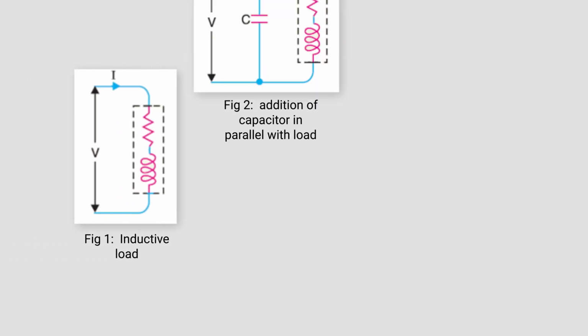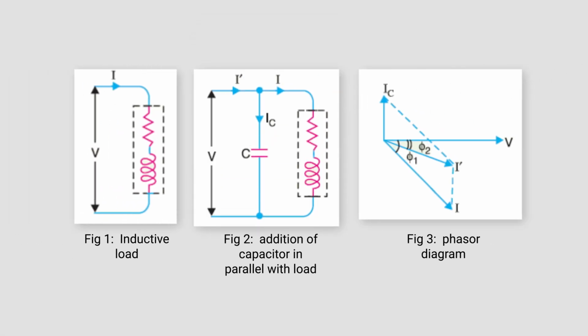Here you can see in the diagram, figure 1 is showing basically an inductive load. Inductive load is basically a coil which has resistance and inductance. That means the circuit behaves like an RL circuit, and in case of an RL circuit, current lags by the angle phi with respect to the voltage. Now you have to reduce this phase angle between voltage and current by any means.